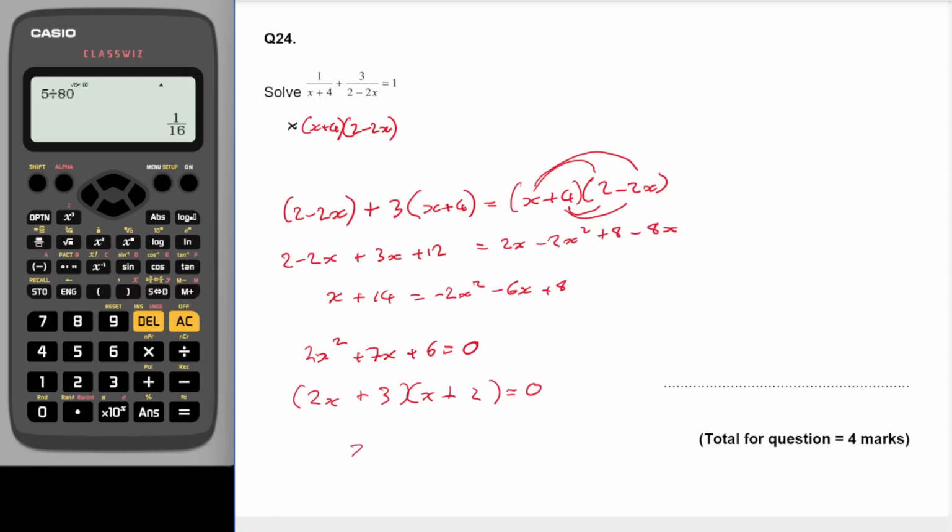So either x is equal to minus 2 or x is equal to minus 3 over 2.